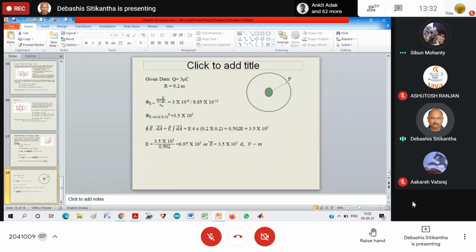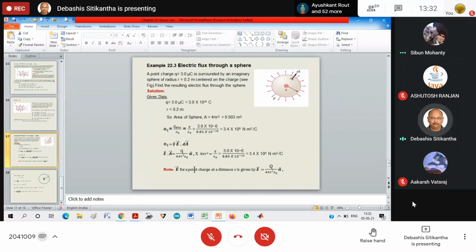So Q enclosed is 3 into 10 to the minus 6. That's well and good. This is 8.85 into 10 to the minus 12. I'm saying, sir, the Q by 4 pi epsilon r square method. Over here also we have made this thing.